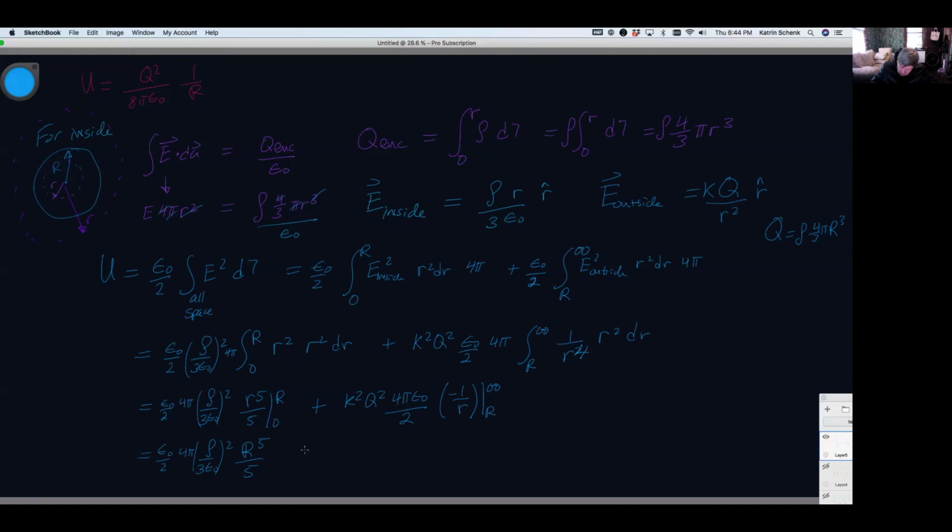So plus k squared q squared 4 pi epsilon naught over 2, 1 over R. All right, now we have a bunch of work to do to put these two together, and I will be back in a sec to do that.